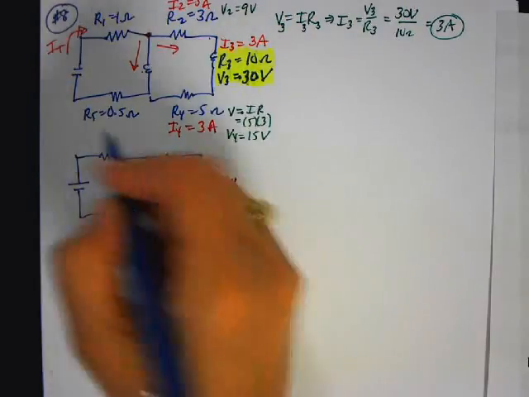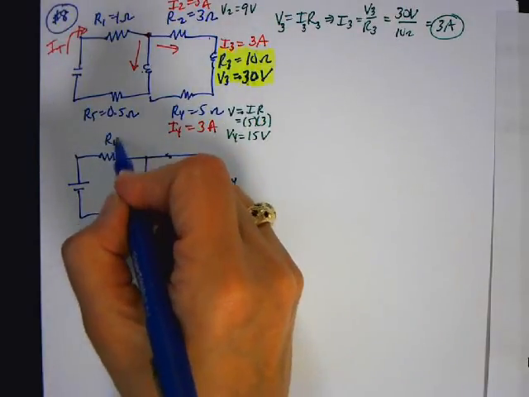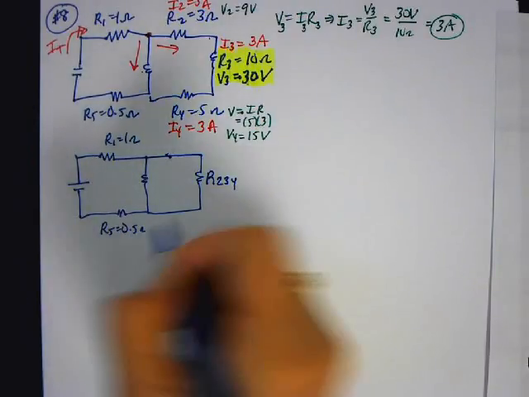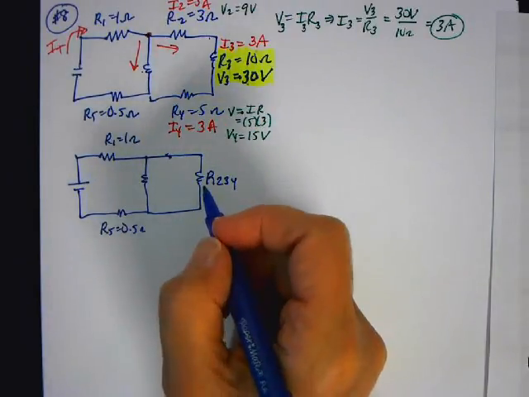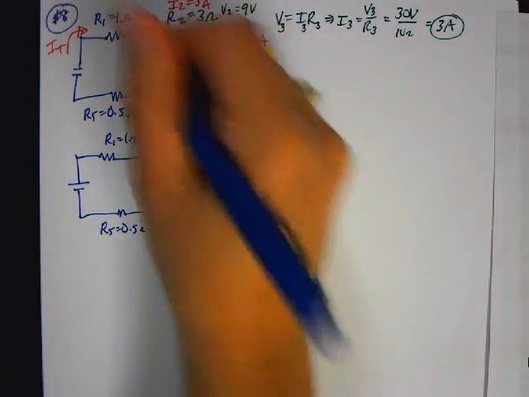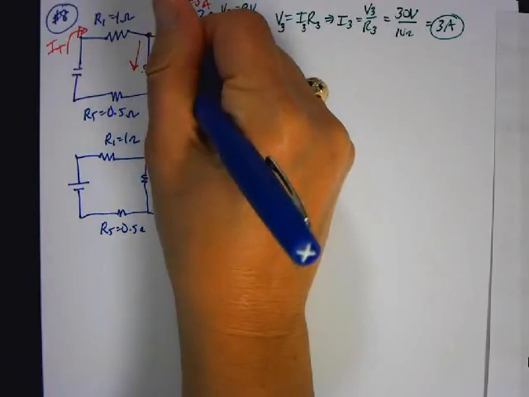So R1 is the same, R5 is the same, and this one, R6, is the same.